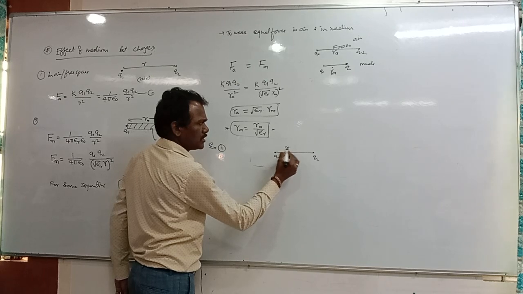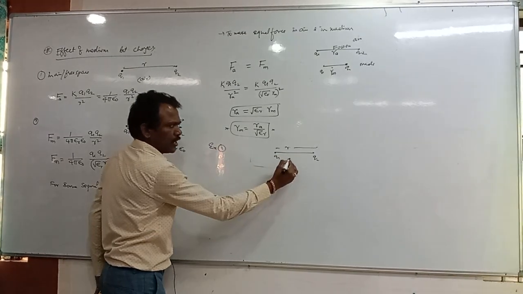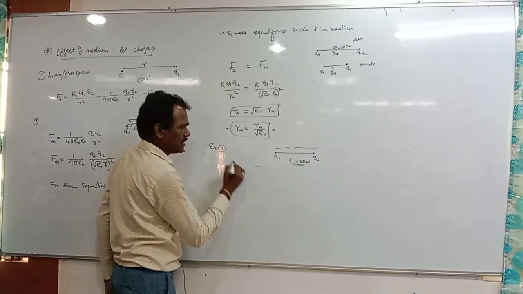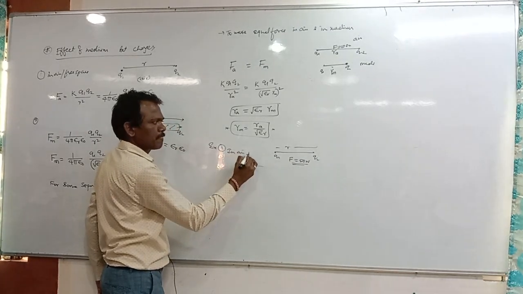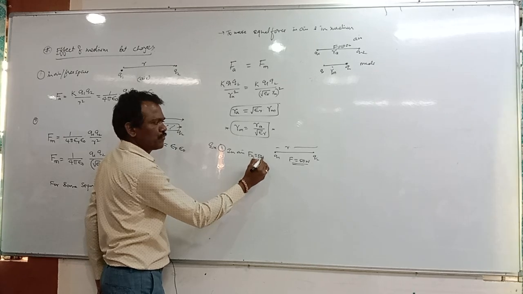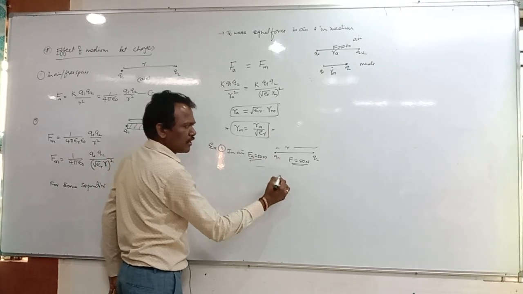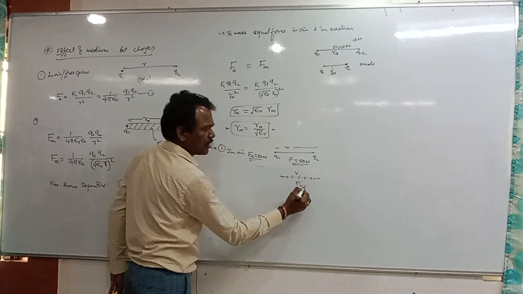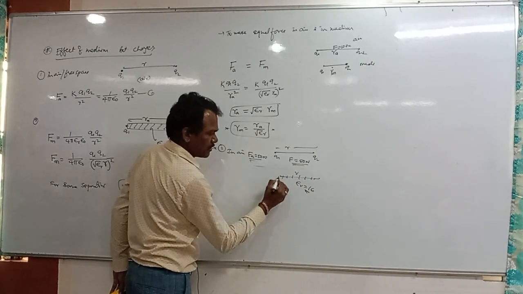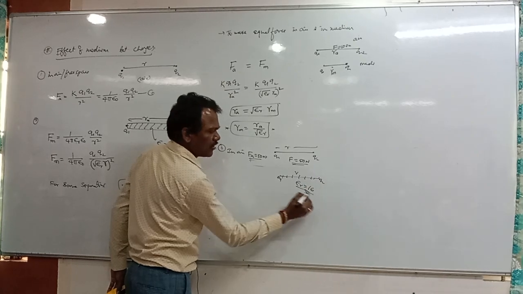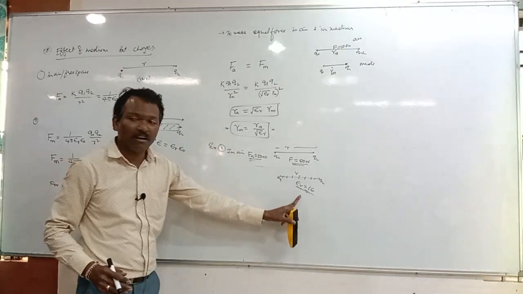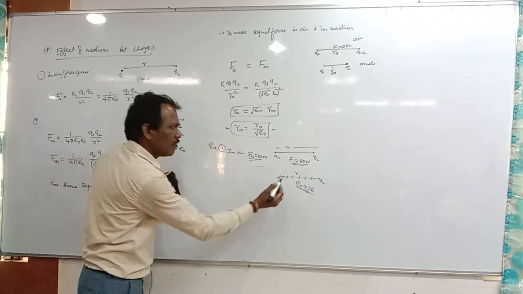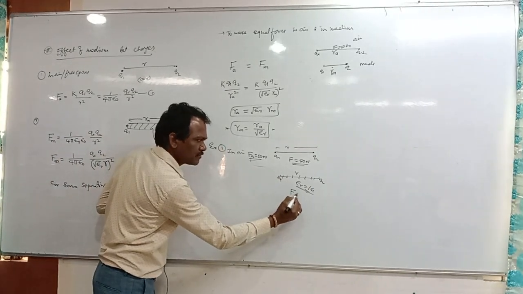Given, if the force is 50 newtons in air, and if we take the same r distance, a medium of relative permittivity 16 for Q1 Q2, its value is constant, 16, medium we have taken. What is the force in it?